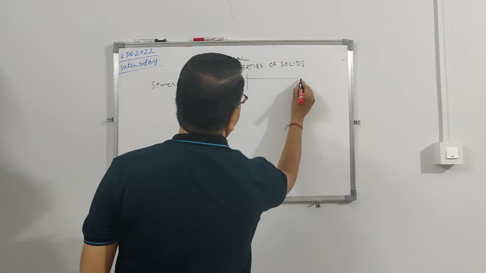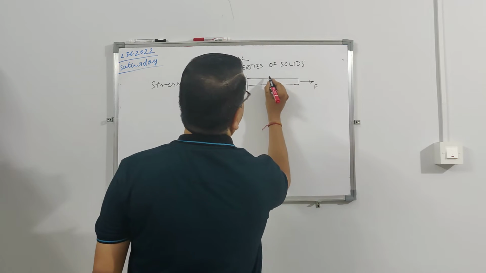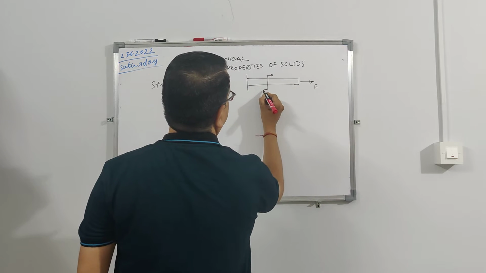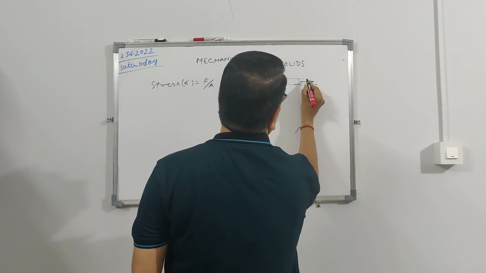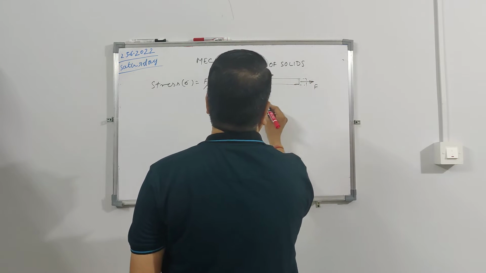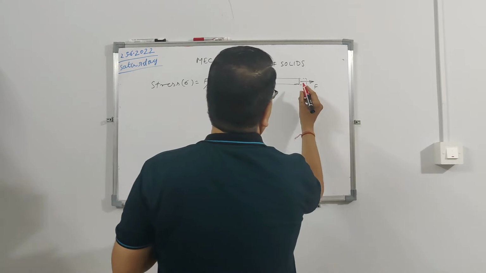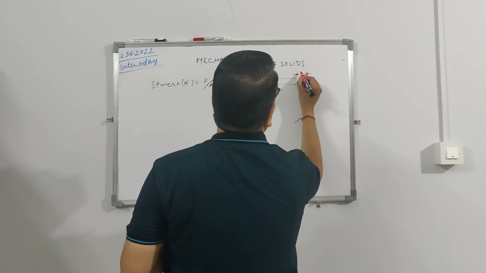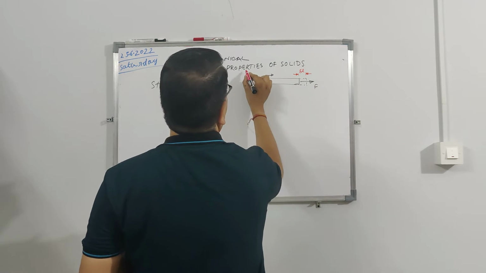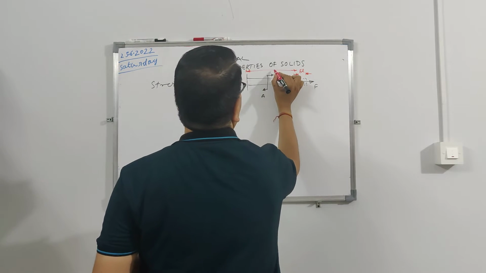If this is my rod and I am applying some force, my cross-section area is say A. If it gets extended by some length delta L, and the original length is L, then this is L and delta L.